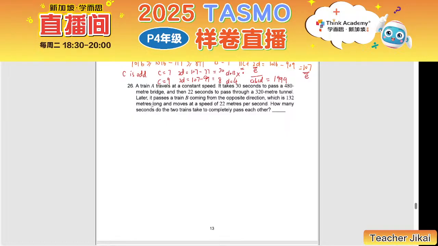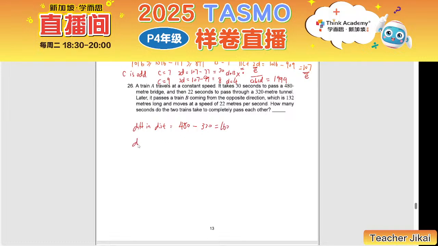The difference in distance. It will be just the difference in distance between the bridge and the tunnel. So it will be 480 minus 320, 160.